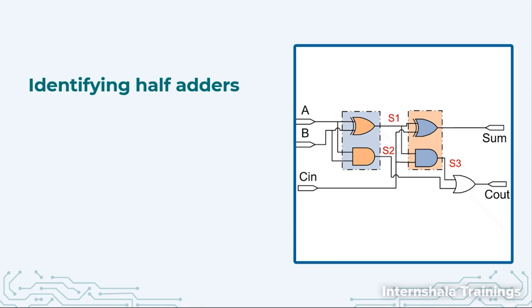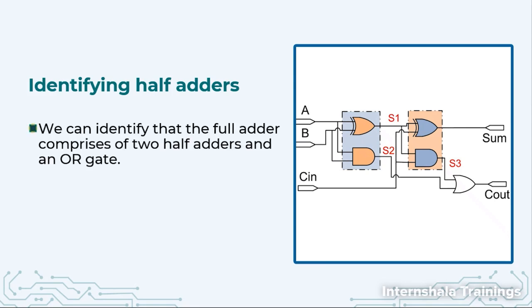S1 and C in are the inputs for the XOR gate as well as the AND gate, and then there is one OR gate. So we can say that one full adder is made up of two half adders and one OR gate. Therefore, we can use the module instantiation technique in implementing a full adder using half adders.